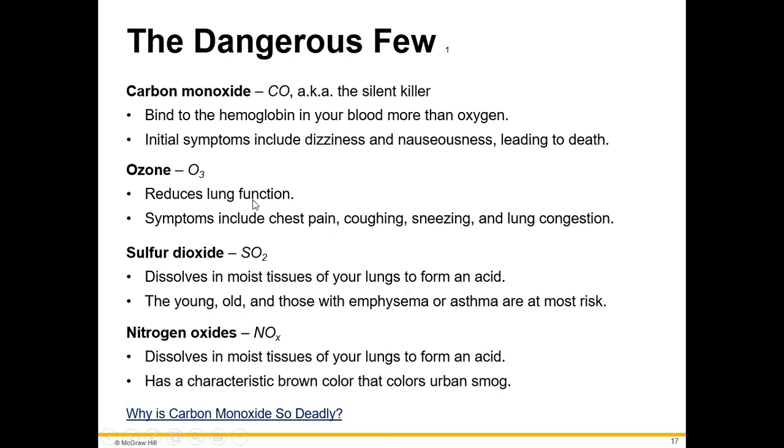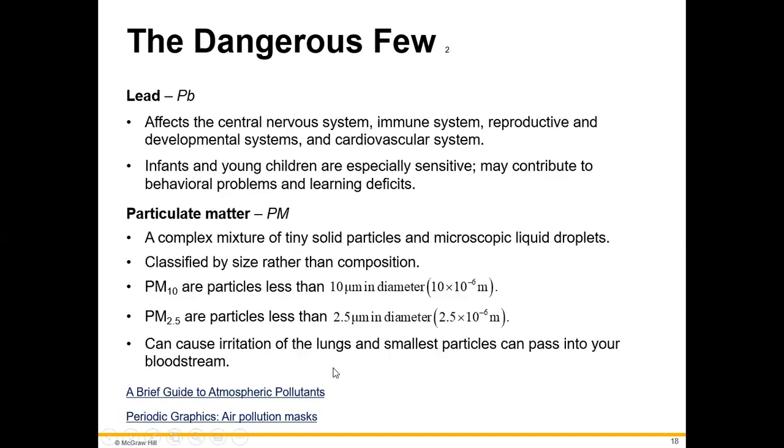Ozone is something we're going to talk about a lot in this class. It's not great for your lungs. Sulfur dioxide, this dissolves in water to form acids, and it also is a component of acid rain. And then the same thing with nitrogen oxides. They can dissolve in liquid and water to form acids, and also are components of acid rain.